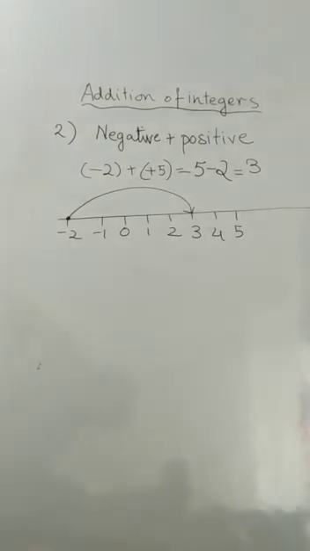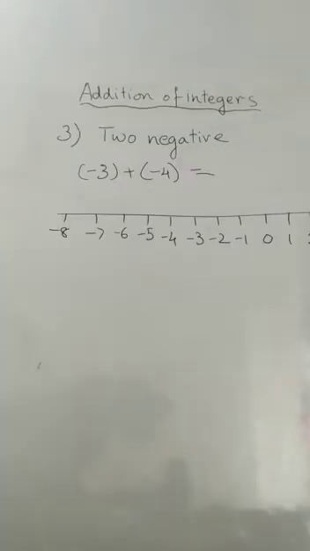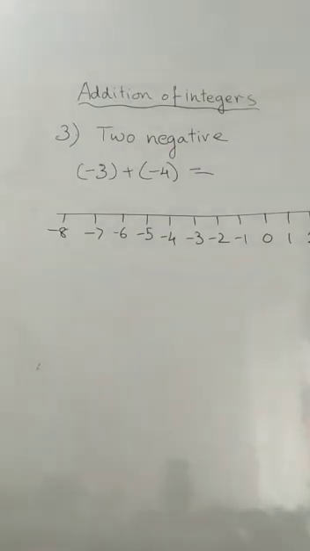One positive and one negative. Now going to the third case. Here we are adding two negative numbers. So in the last two cases, the rabbit was jumping to the right side. But in this case, the rabbit will jump to the left side. Okay. So which is the first number given?